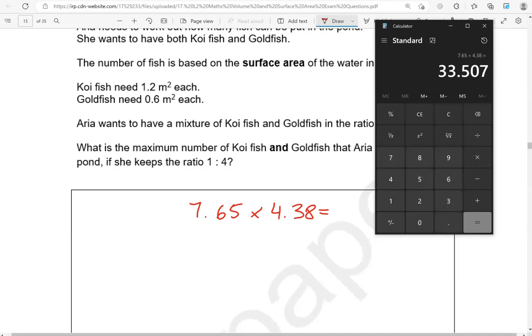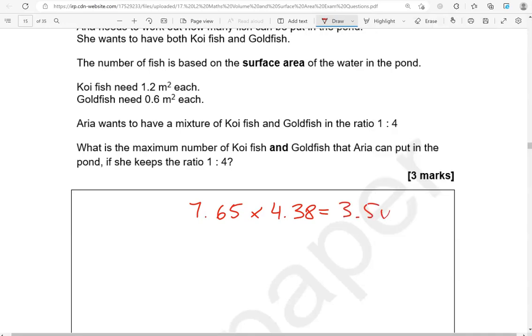Which is 33.507. So we're given koi fish need 1.2 square meters, and goldfish needs 0.6 square meters.